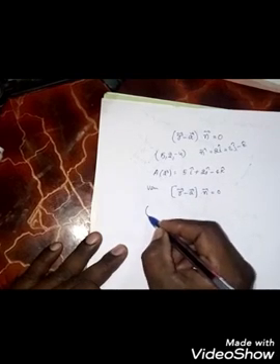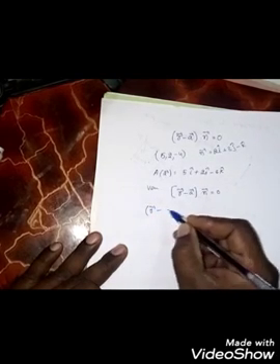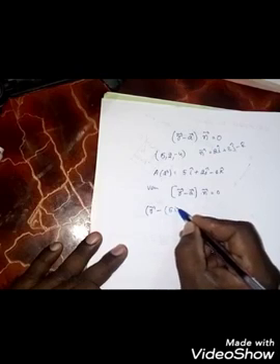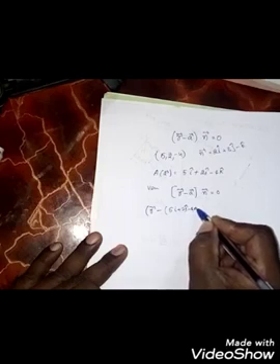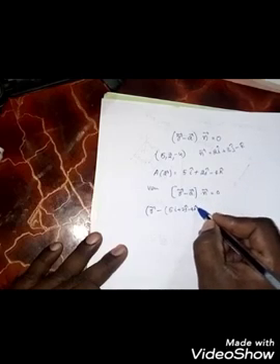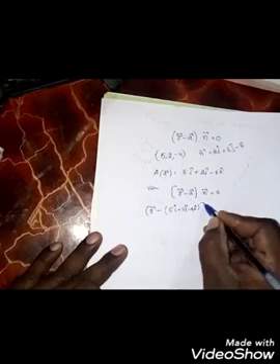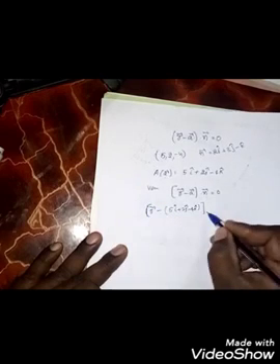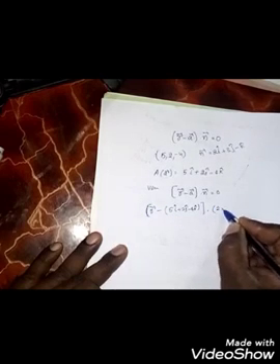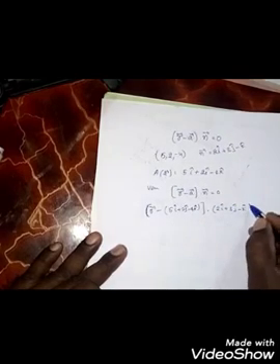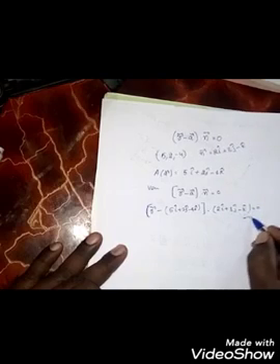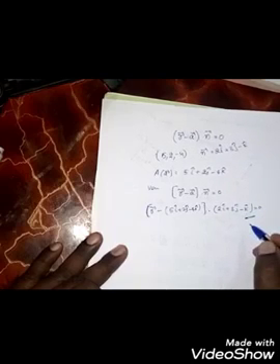That is, (r bar minus 5i plus 2j minus 4k) dot (2i plus 3j minus k) is equal to 0. This is the vector equation.